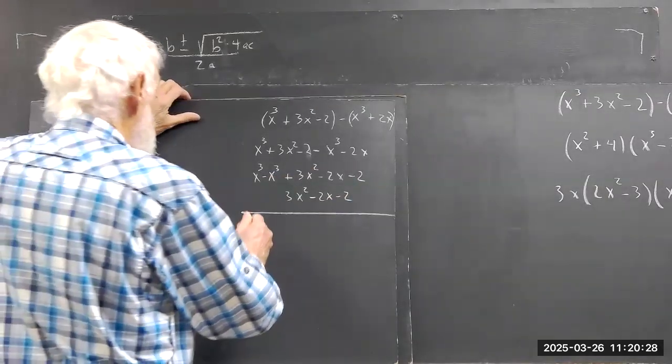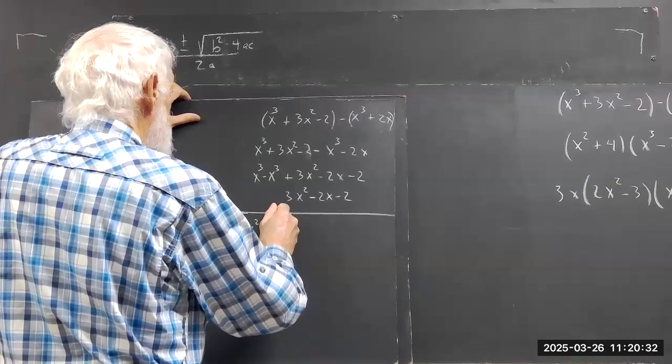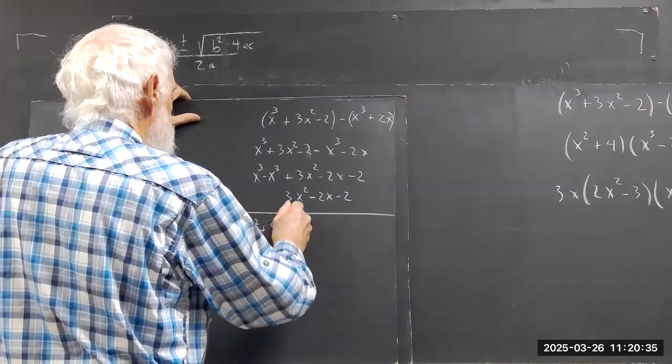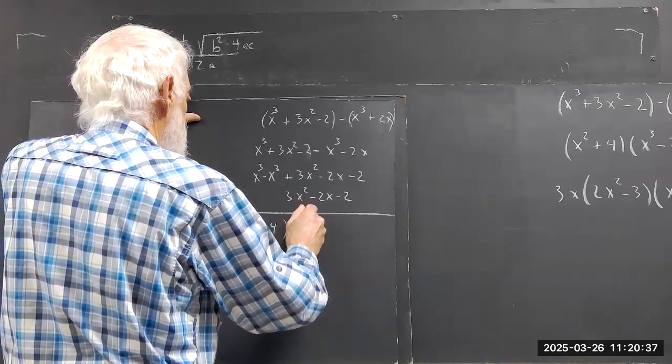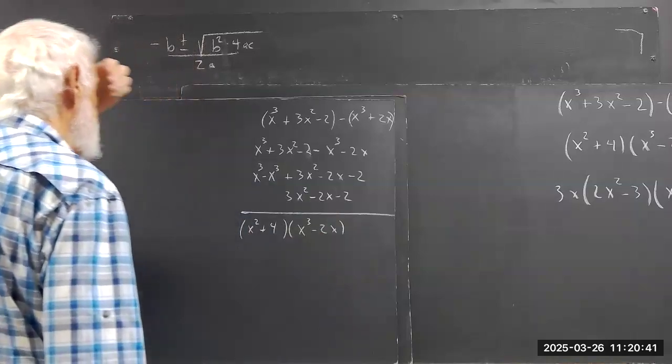We have x squared plus 4 multiplied by x cubed minus 2x.